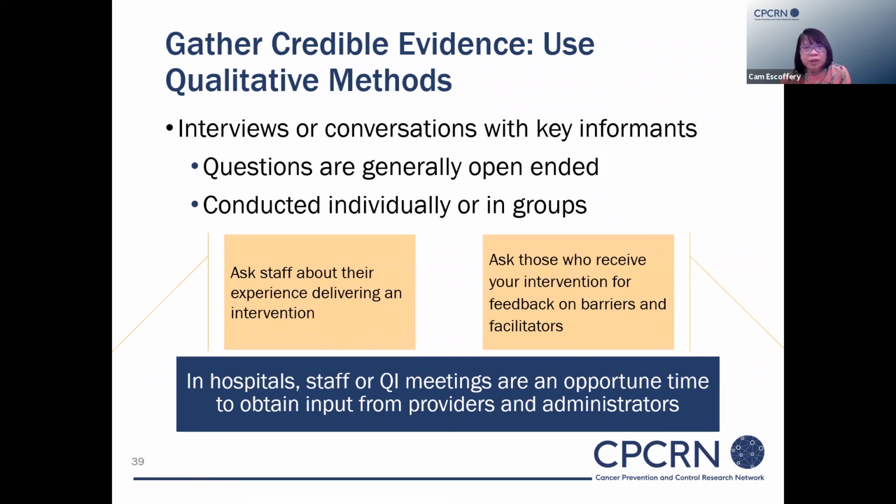So for instance, you can ask staff about, how was it to deliver the program? Did it go well? Who was involved in the workflow? And what hiccups or challenges were encountered in the process?